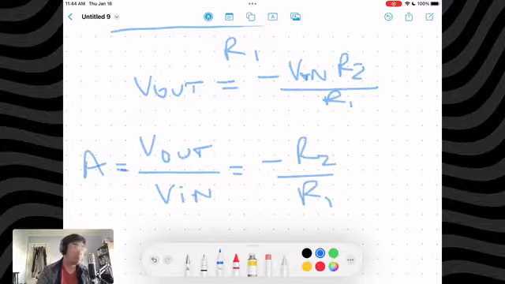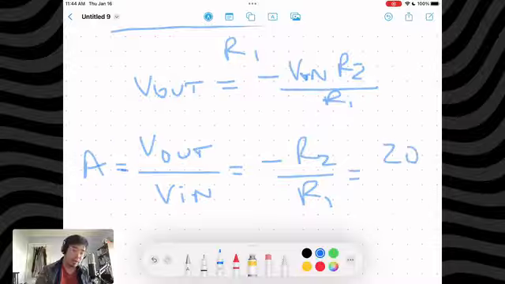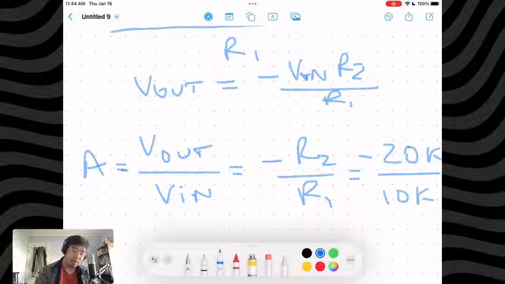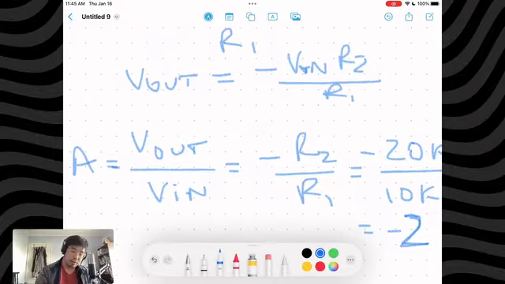And if we look back at the resistor values, it's going to be minus 20K divided by 10K. And then that is going to simplify to minus 2. There's a gain of minus 2. Gain A equals minus 2.